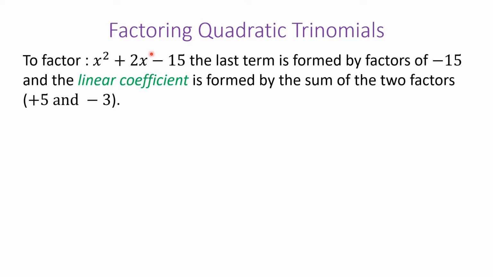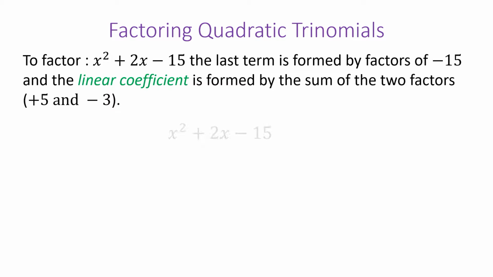So this negative 15 right here, we formed that by factors of negative 15 and the linear coefficient. So the number multiplied to the x, that's all linear coefficient means, is formed by the sum of those two factors. So we say we need factors of negative 15 that add to 2. Negative 3 plus 5 is 2, and negative 3 times 5 is negative 15.